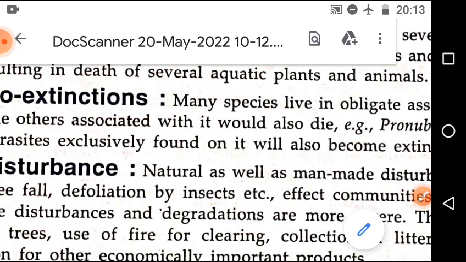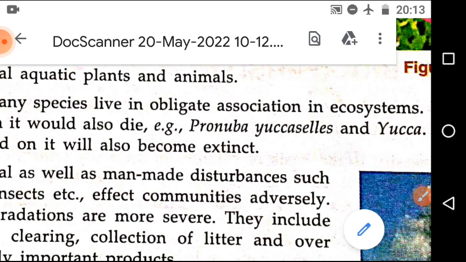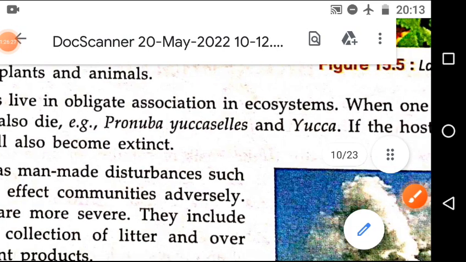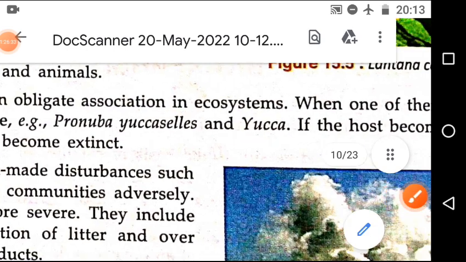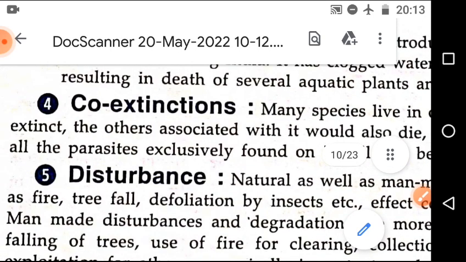The best example is Pronuba yuccasella and yucca. These are two co-extinct species. If the host becomes extinct, then all the parasites exclusively found on it will also become extinct.